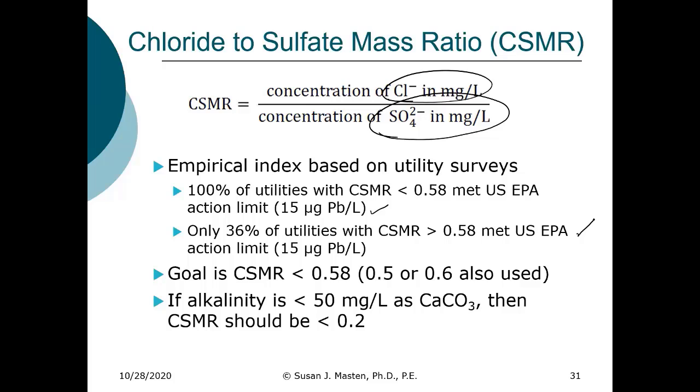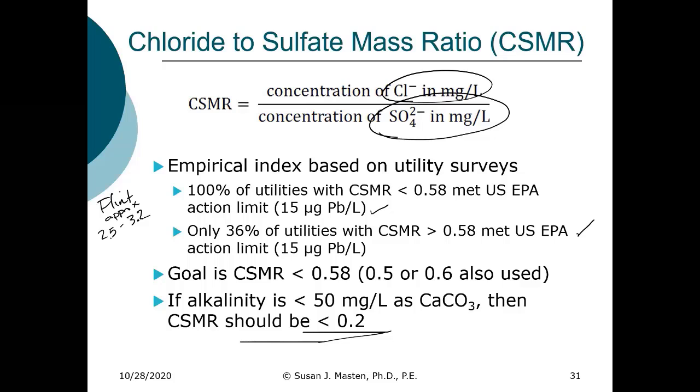If your alkalinity is less than 50, then the CSMR should be less than 0.2. Just to give you an example, in Flint, after treatment, the CSMR ranged from about 2.5 to 3.2.